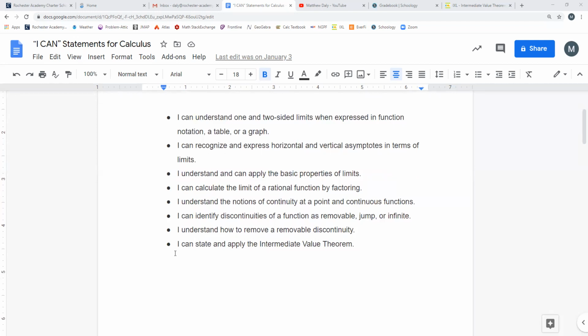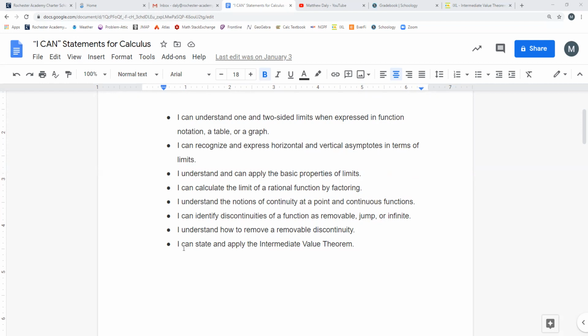And the thing we did in the last video was stating and applying the intermediate value theorem, which just says that if a function is continuous over an interval, if you think about the output values of the two endpoints of that interval, the function must achieve all of the values between those two output values. All right.